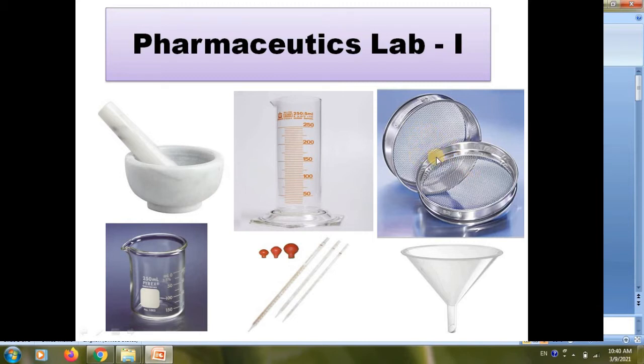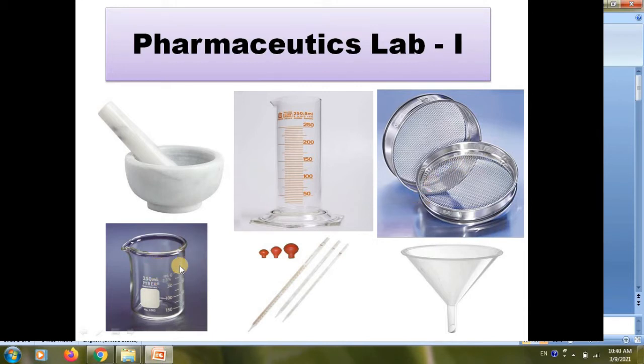Depending upon the sieve number, your mesh size is dependent. The mesh size decides your sieve number. So whatever amount and whatever particle size we require, we pass through this sieve. Every ingredient has to be passed through this sieve, and then it is taken for the formulation purpose.